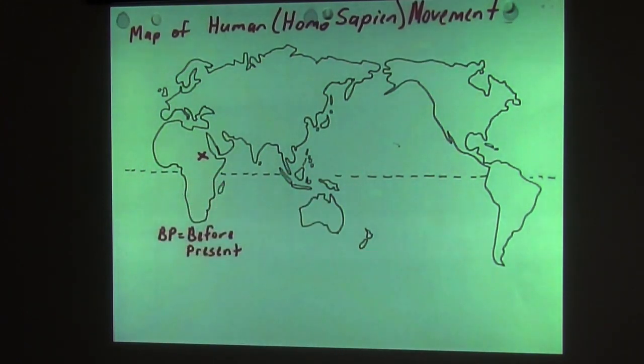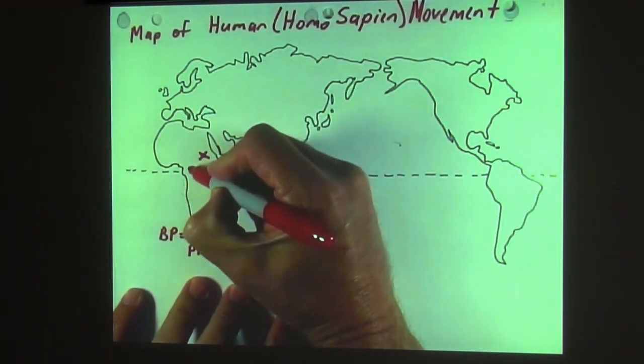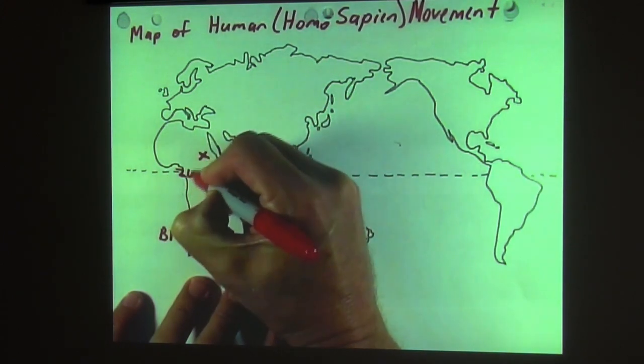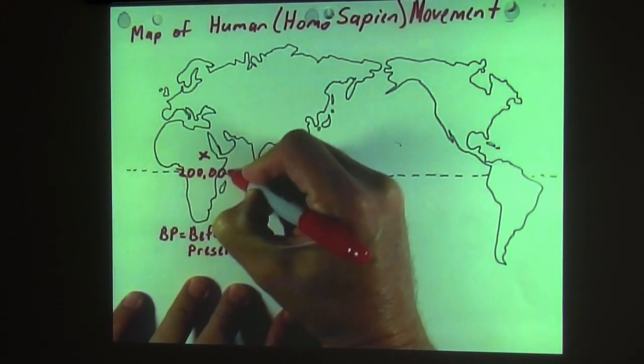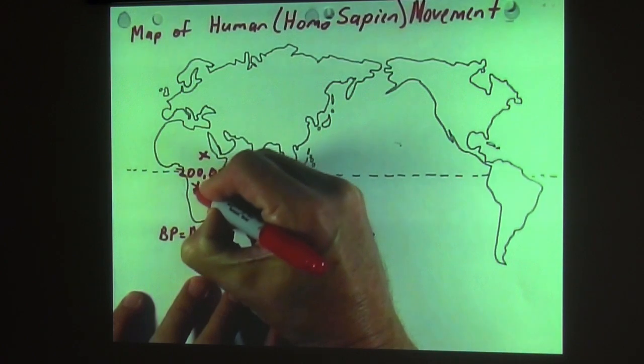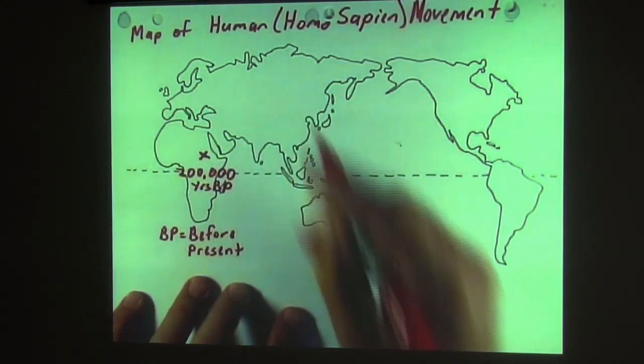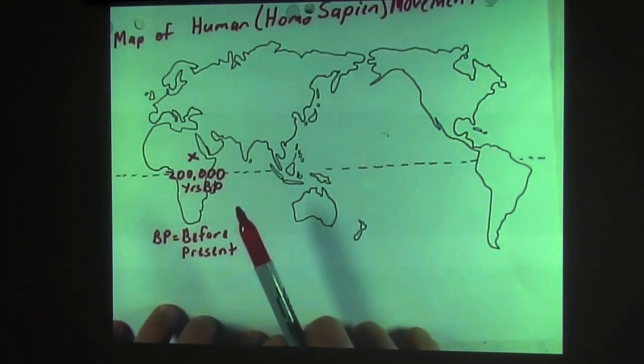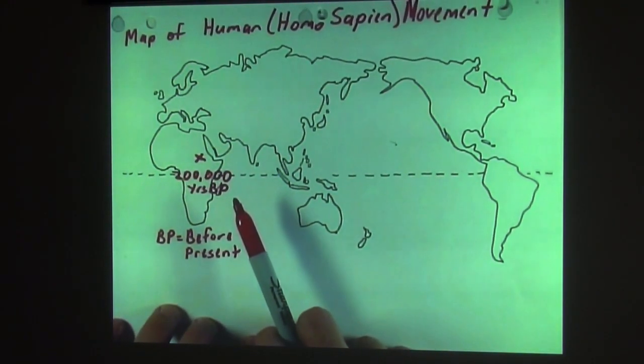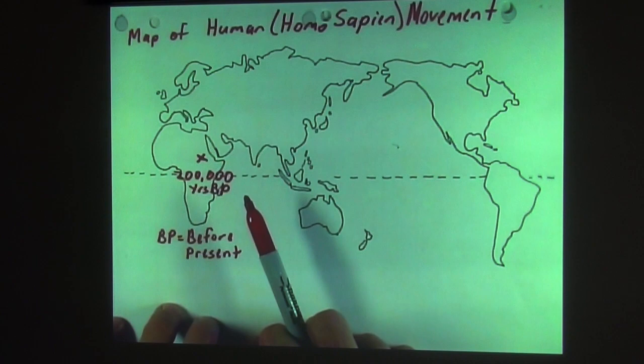I mean, I don't think that, but I'm just saying, we see the oldest remains of Homo sapien right here in Central Africa. And the oldest remains of Homo sapiens ever found are about 200,000 years BP. In other words, the oldest Homo sapien remains are right here in Africa, and they are 200,000 years old.